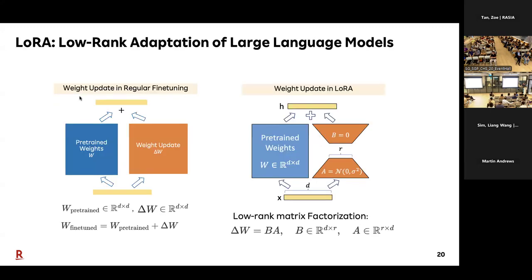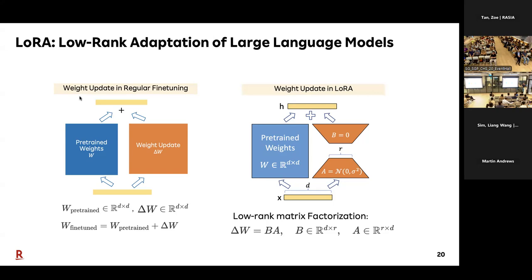And this is kind of the LoRA 101. If you are not familiar with what low-rank adaptation is, then hopefully you have heard of matrix factorization. So this is related to LoRA, right? When we talk about low-rank matrix factorization, then this is basically LoRA. So on the left-hand side, we have the full SFT.